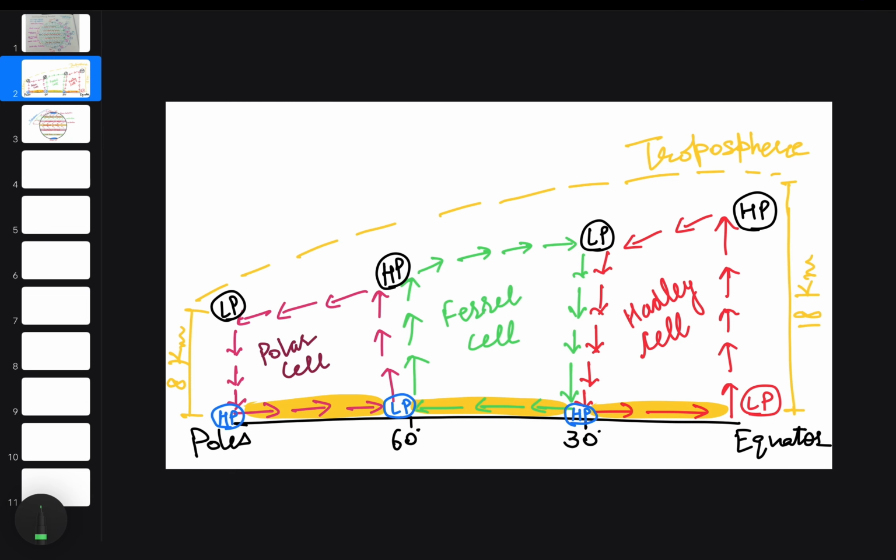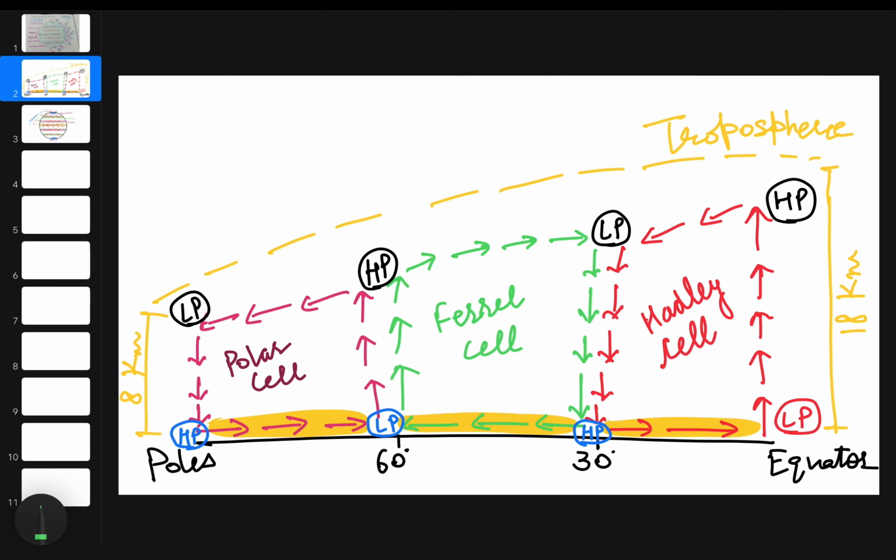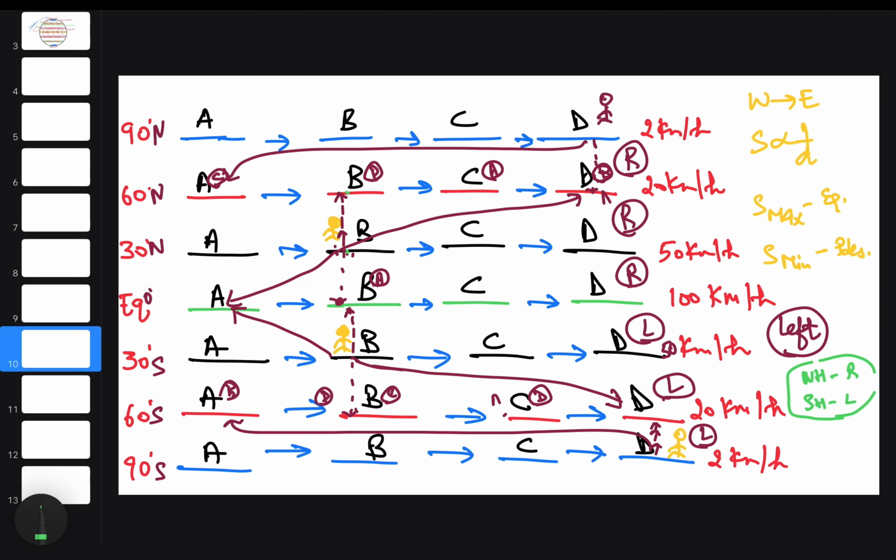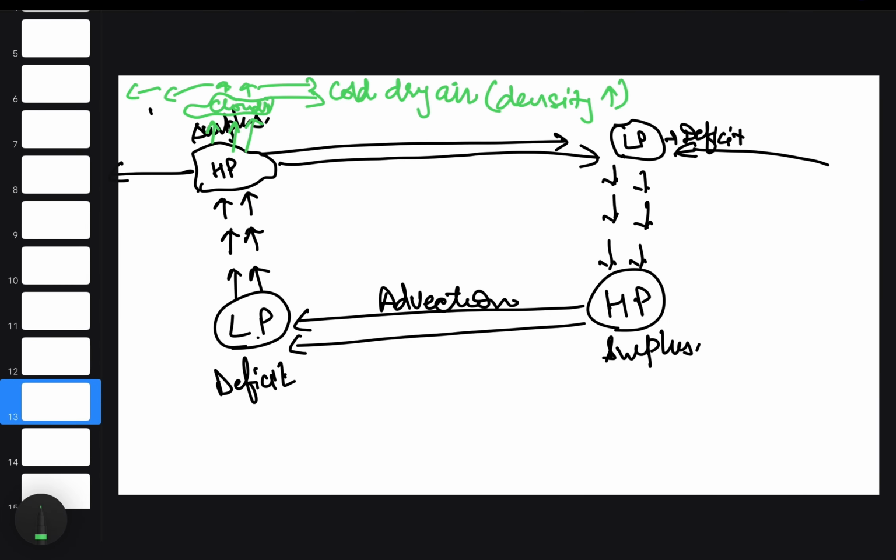Now the concept of the Hadley cell and the Ferrel cell. At the equator, low pressure air will rise, creating high pressure as compared to the equator. We have already done this formation. Let's make it.